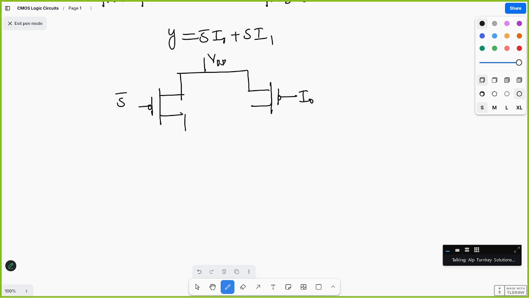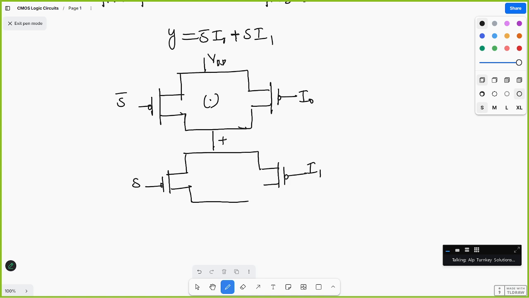Again, OR operation means what? Series, no? So this is series. This is the OR operation. And this is the AND operation. Again, AND operation means parallel in PMOS. Okay, so I1.